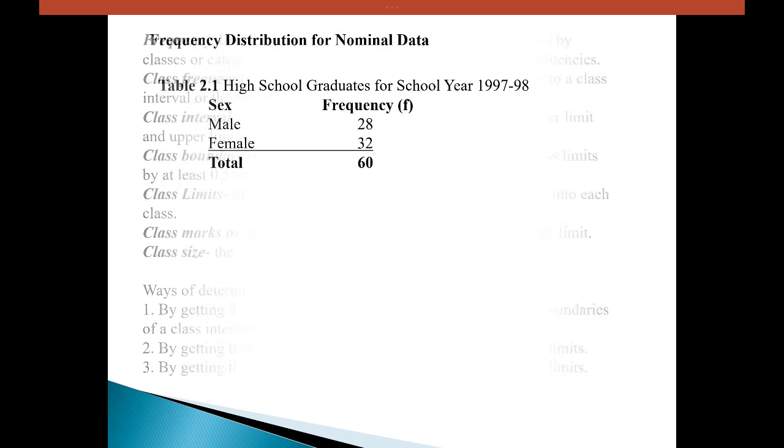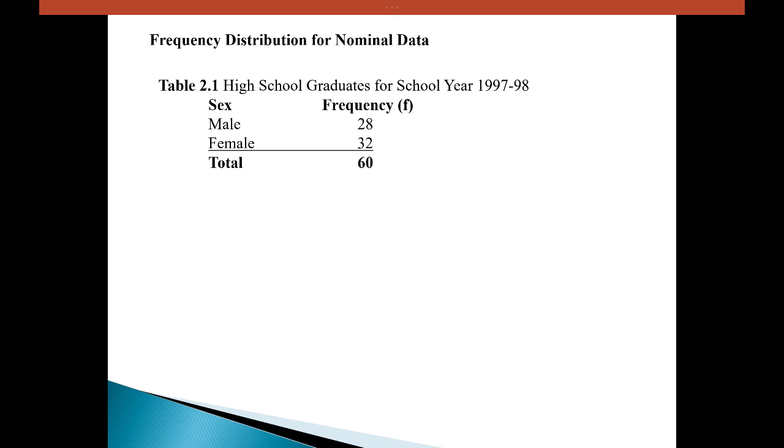Let's have an example for you to visualize. This is an example of a frequency distribution table for nominal data. Here in Table 2.1, we have high school graduates for school year 1997 to 1998.